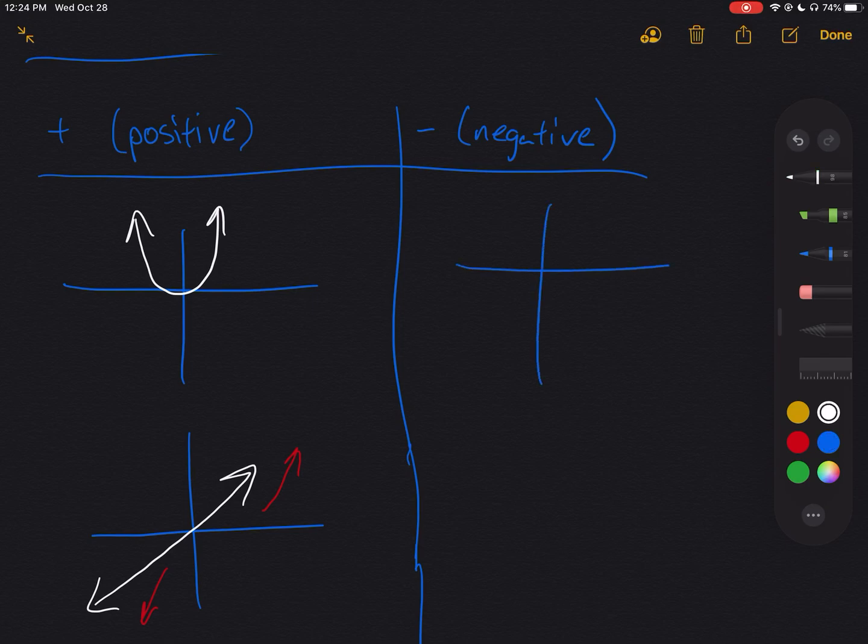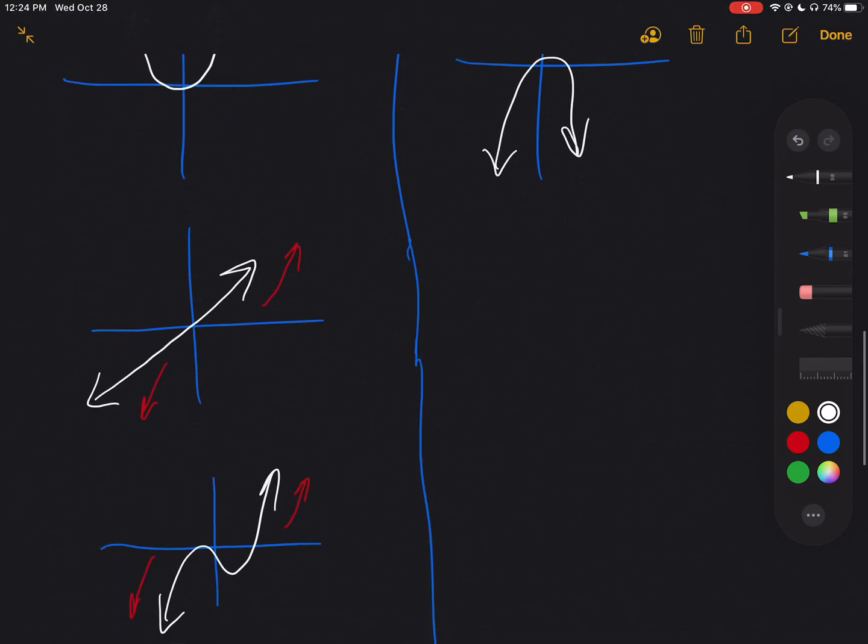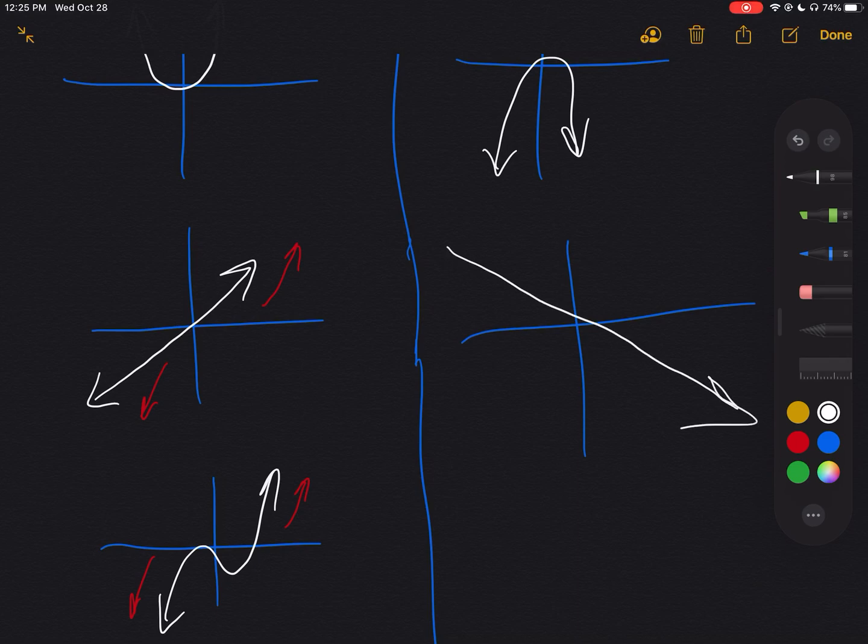So if it's even, then it's going to open facing down. Or if it's odd, we know what happens if I change a line to a negative slope, right? Instead, we go from high on the negative side to low on the positive side.